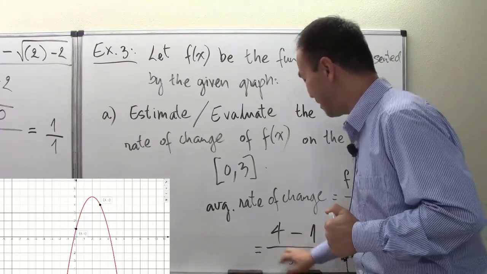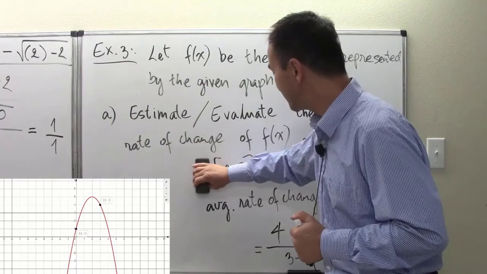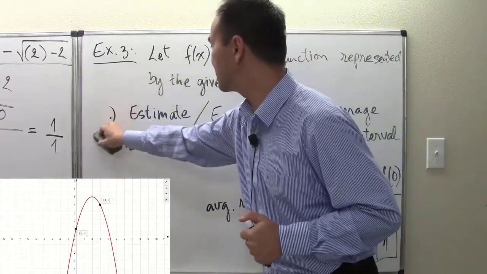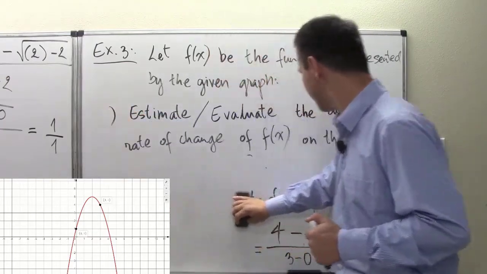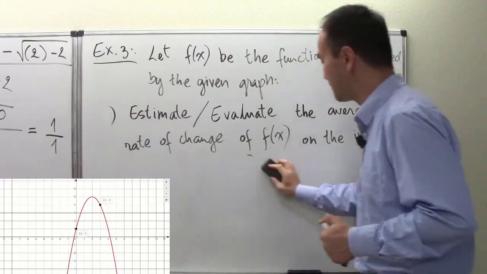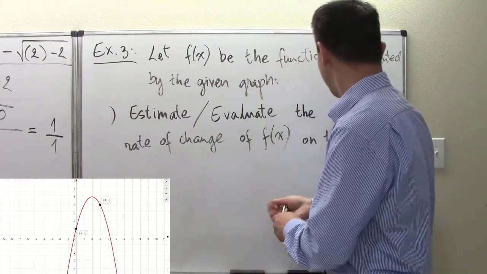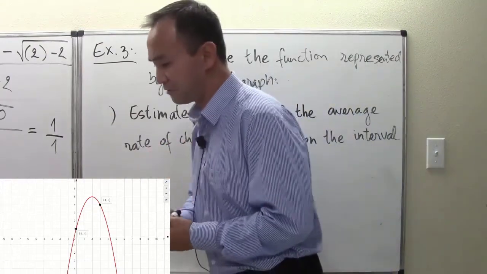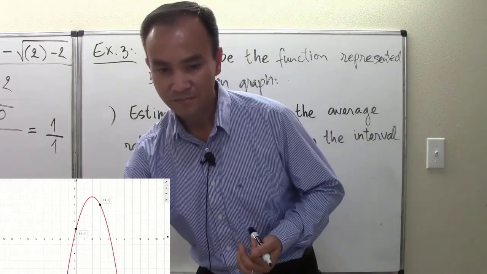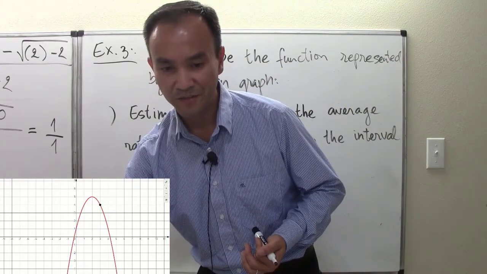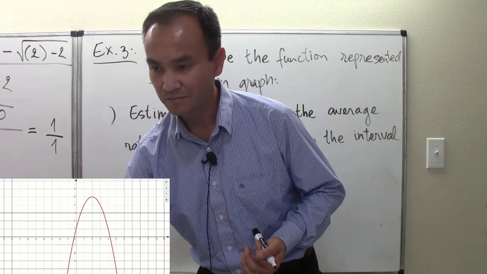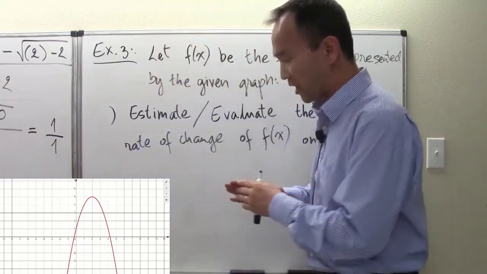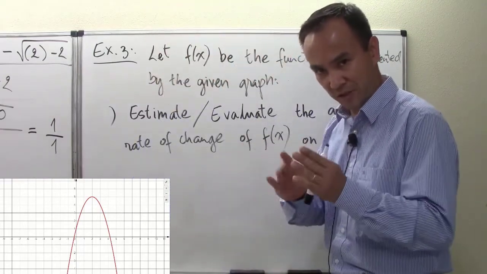Now I'm going to erase this interval, and I'm going to call that part B right here. Let me hide these points away for now. I just want students and viewers to focus particularly on the graph.